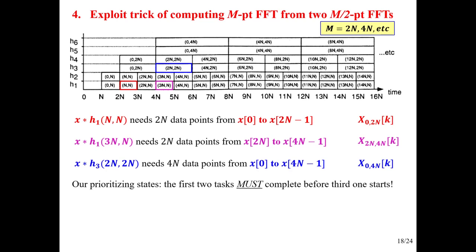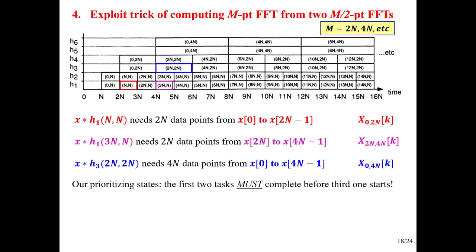So here's the thing. The prioritization of our algorithm says that before I can start working on that, I should have finished this and I should have finished this as well. Those are my priorities. If I'm not finished with this one, I've got no business working on that one yet.